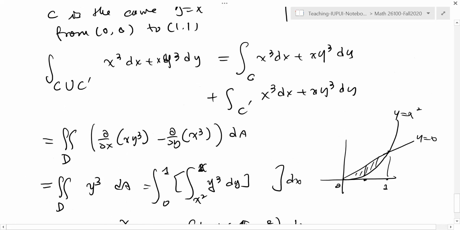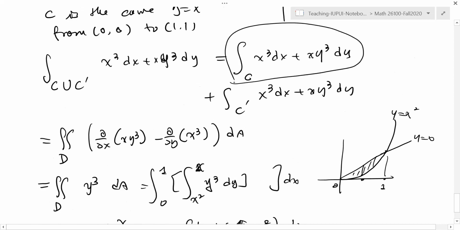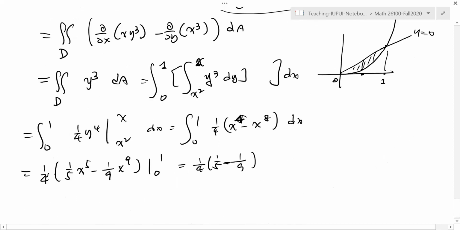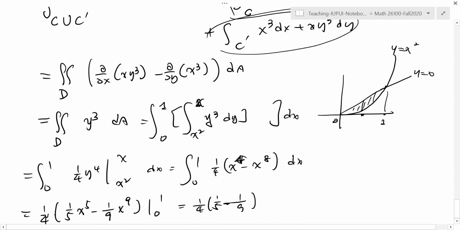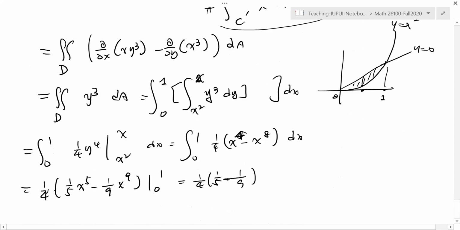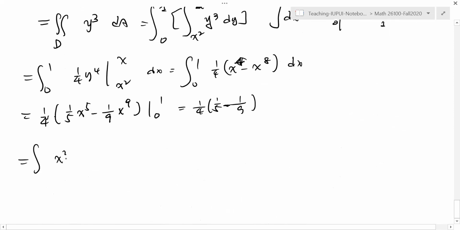Now look at this too. We don't want to parameterize this, but we can parameterize this, right? So this is going to be the integral. Now I can change the sign, with C double prime, or the negative sign.